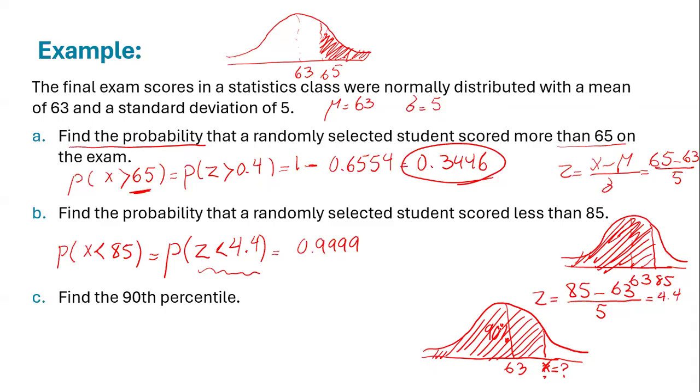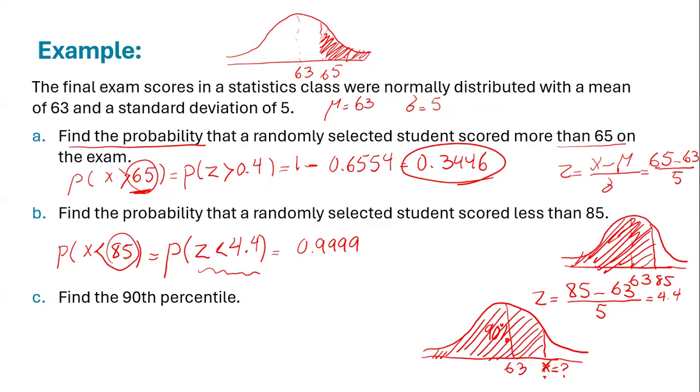So in parts A and B, the x was given to you, and they asked you to find the probability. That means find the area under the curve. But in part C, when they ask you to find the 90th percentile, they give you the area under the curve, and now they're asking you to find the x.